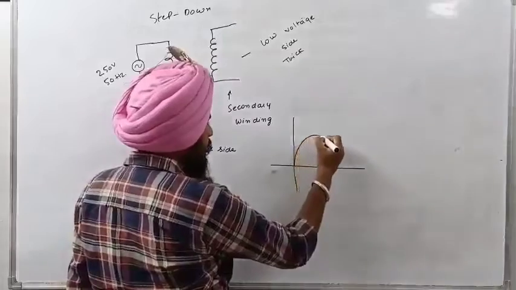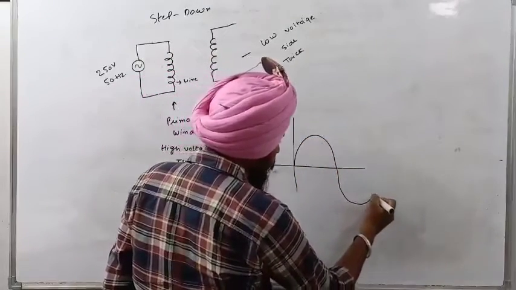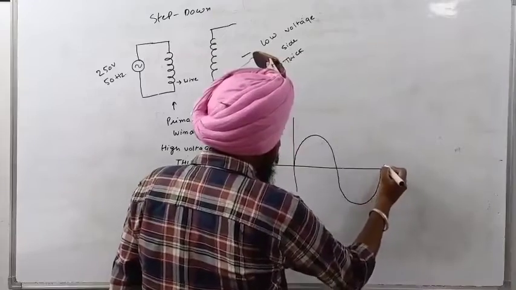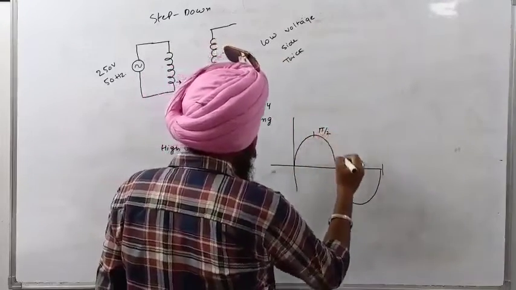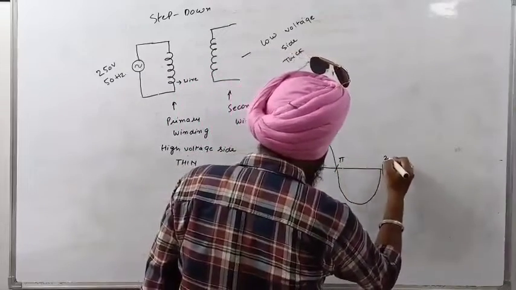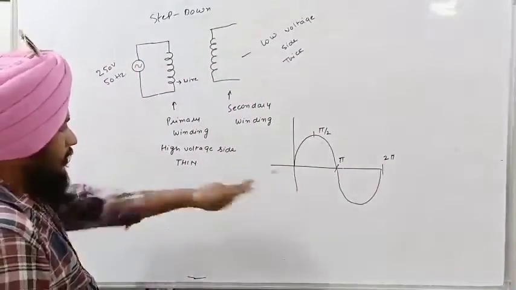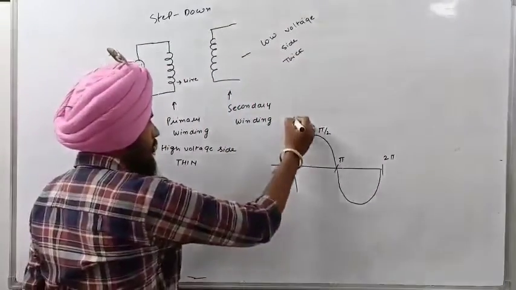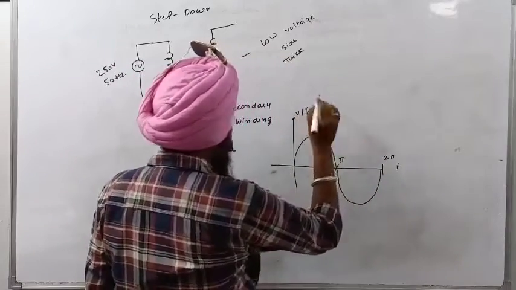It means it goes from 0 to maximum, then again to 0, then to negative, then again to 0. This is pi by 2. This is pi. This is 2 pi. This is time. This is amplitude, maybe voltage or current.